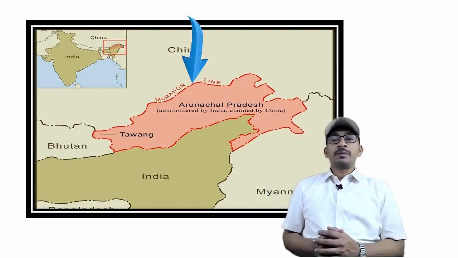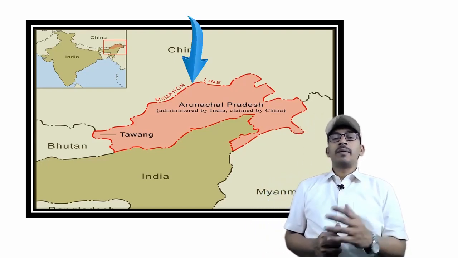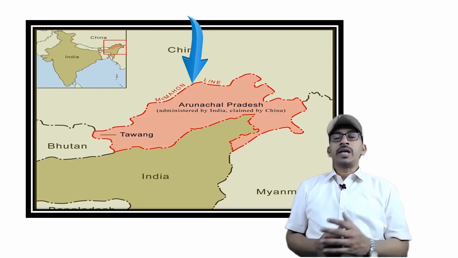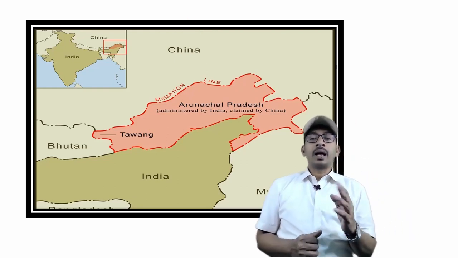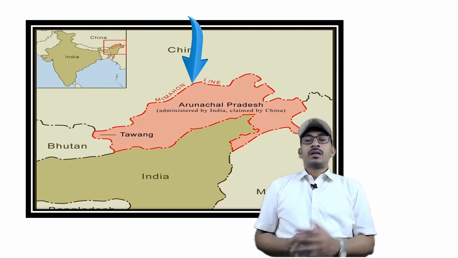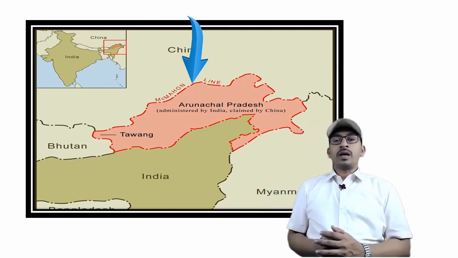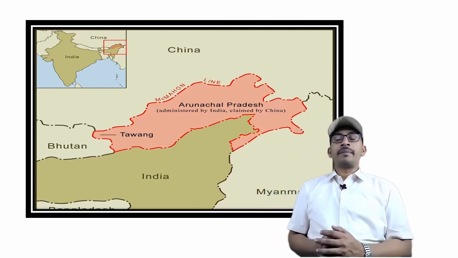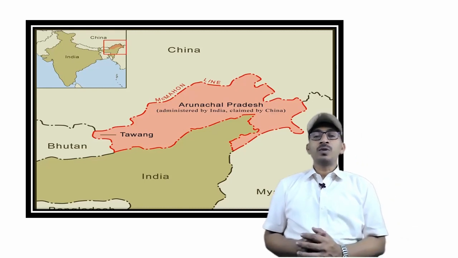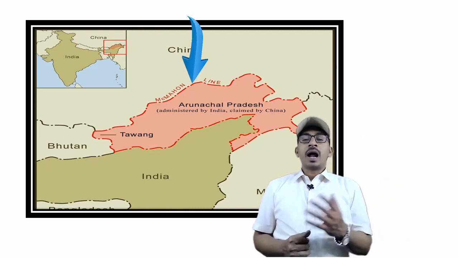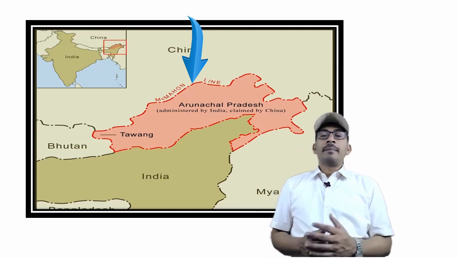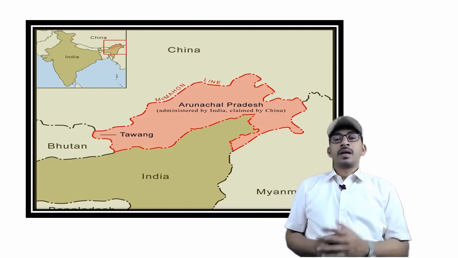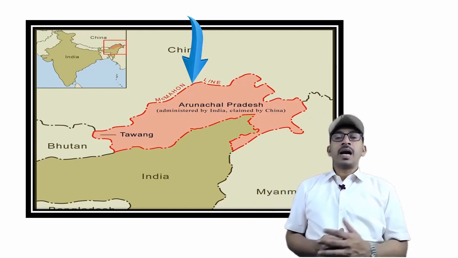China is not accepting the actual boundary between India and China, that is the McMahon line. They are coming beyond the McMahon line and trying to claim the area, and they are not accepting the McMahon line. The boundary that separates India and China is the McMahon line.